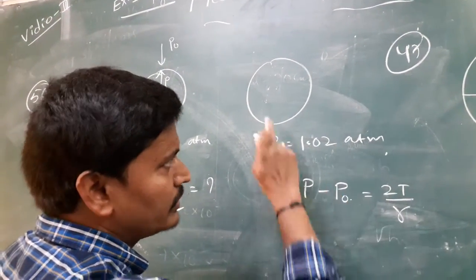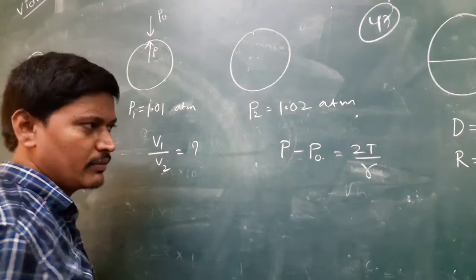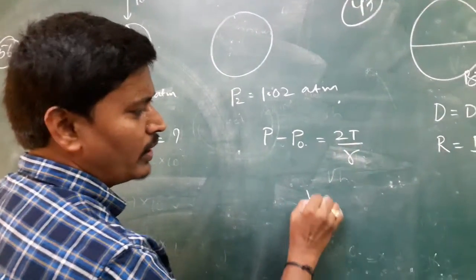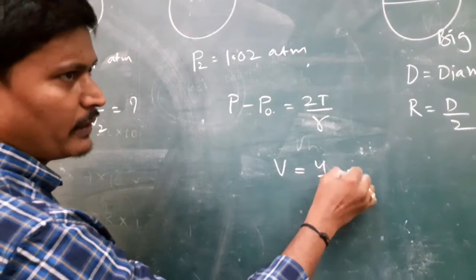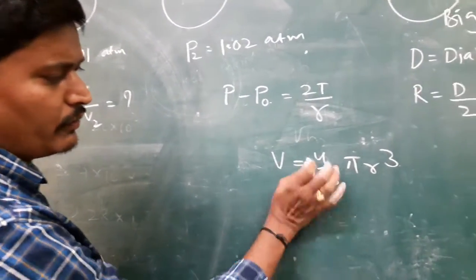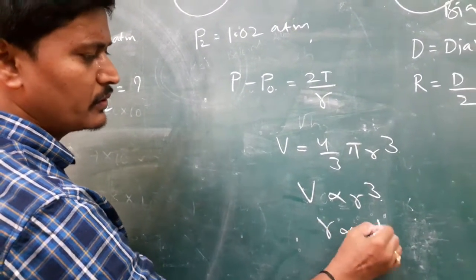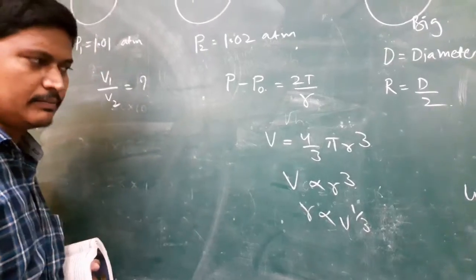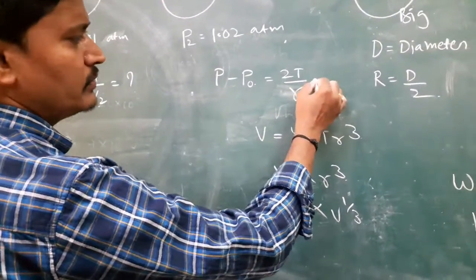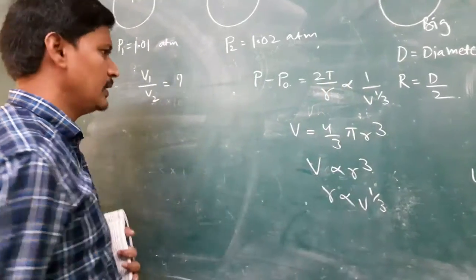For a liquid drop it is 2T by R, and for a bubble 4T by R. Volume is 4 by 3 pi R cube, so R is directly proportional to V to the power 1 by 3.